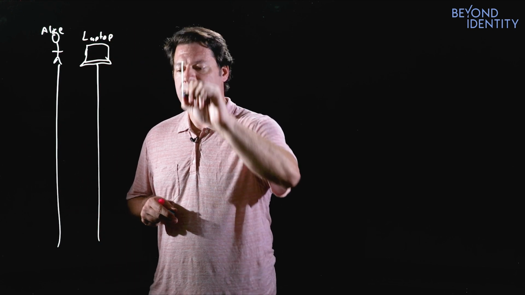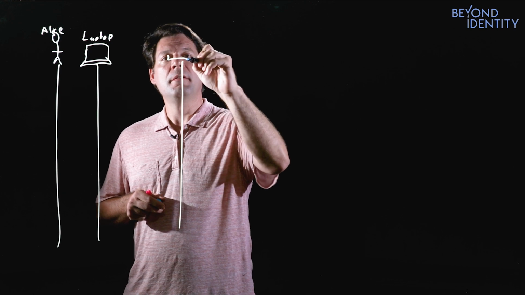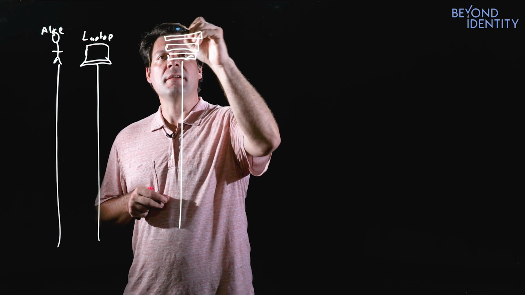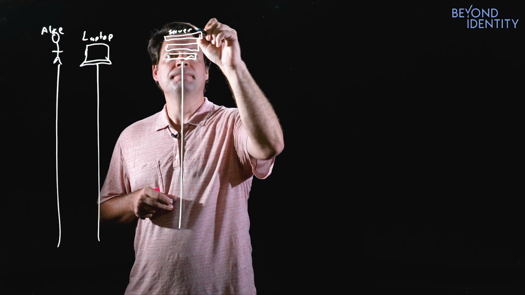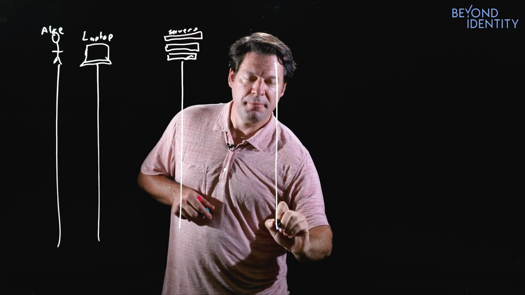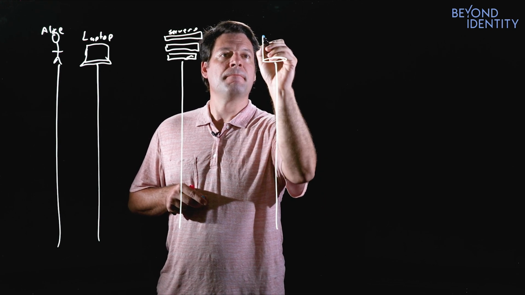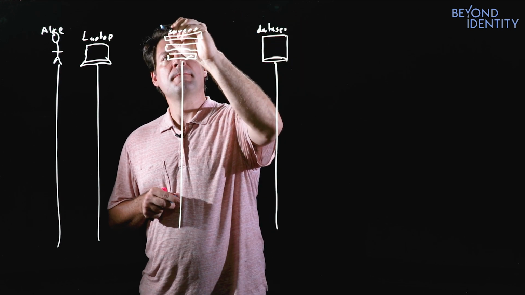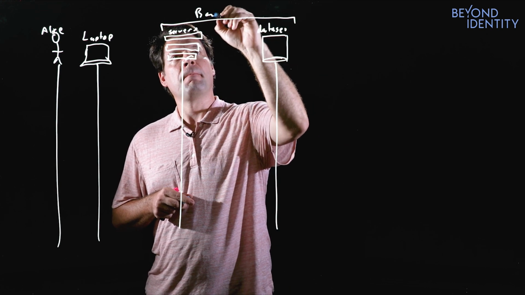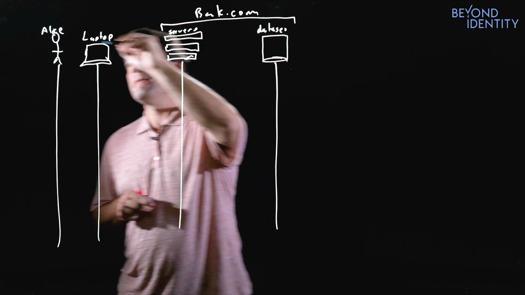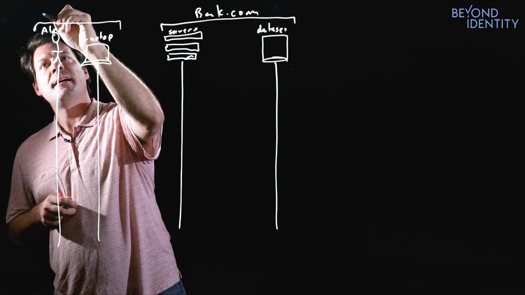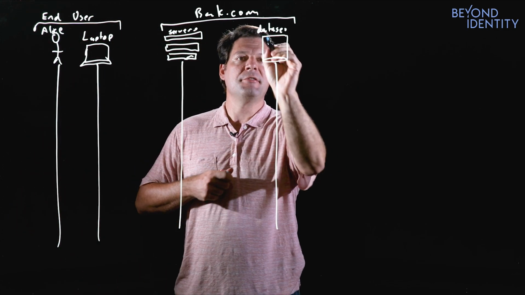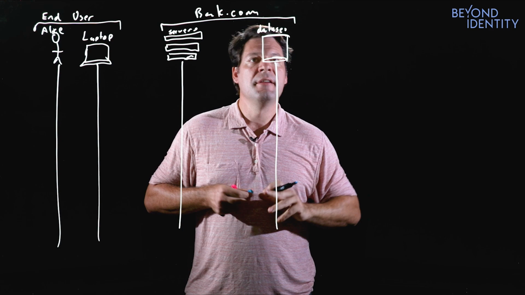And then let's also show the bank not as one giant machine that knows everything, but as a collection of devices that provide the bank's services. So Alice and her laptop are what we would call an end user, and the bank essentially is served by their services and a database.